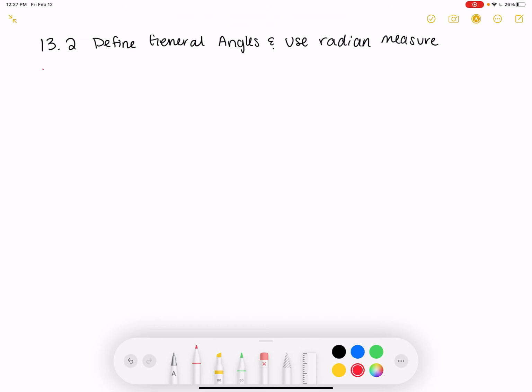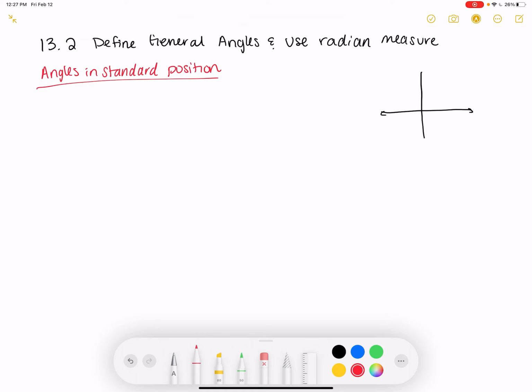So angles in standard position, and I'm going to go ahead and draw a little thing over here so we can see what this looks like.